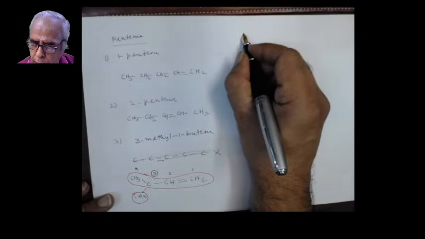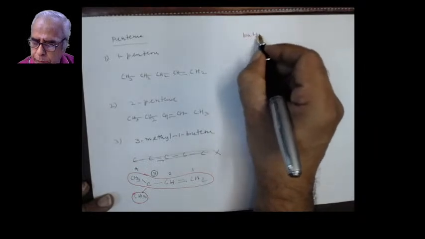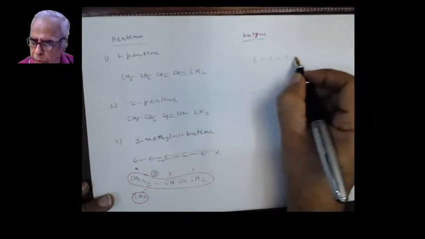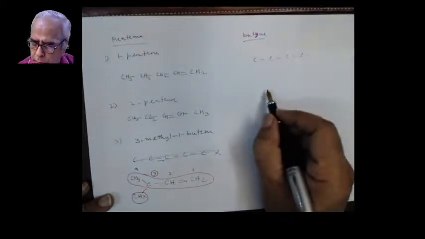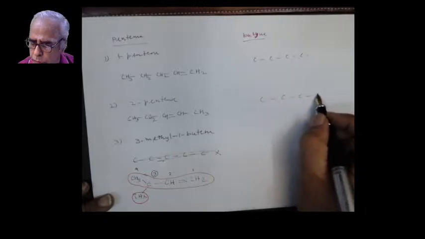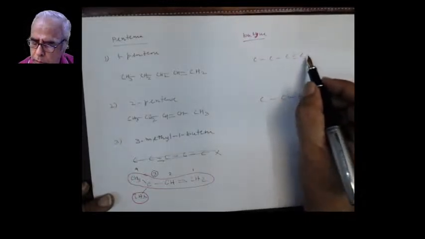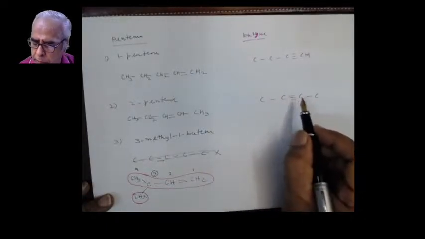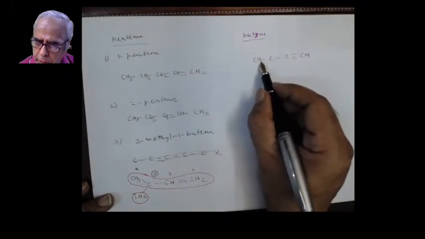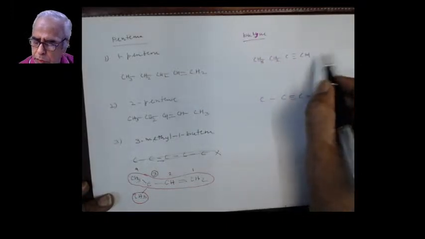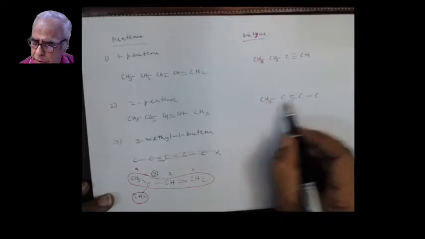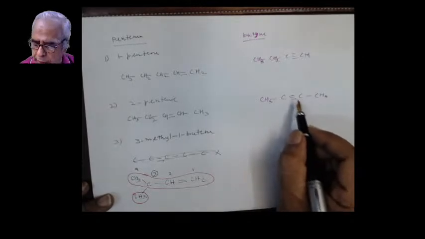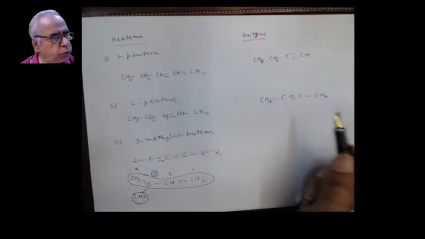We are already given butane. So 1, 2, 3, 4, and here 1, 2, 3, 4. So this is a triple bond, and the triple bond may come in the second position. Now let us fill up comfortably. CH3, CH2. That's it. What about this? CH3, CH3, and you cannot enter anything here because it's already satisfied with 3 plus 1, 4.